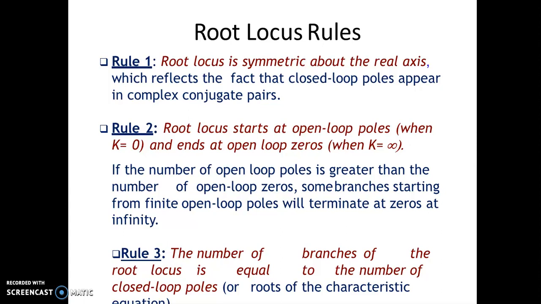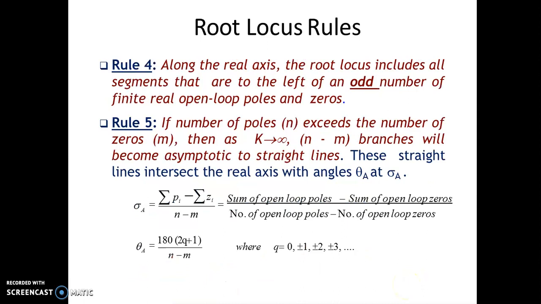Third one, the number of branches of root locus is equal to the number of closed loop poles, or we can say roots of the characteristic equation. So the number of branches terminating at zeros at infinity. Rule number 4 is the test point, to check whether the root locus is on the real axis or not.